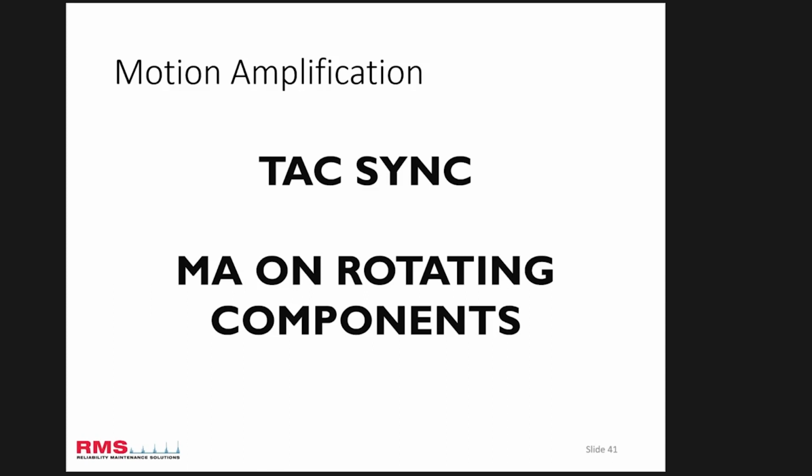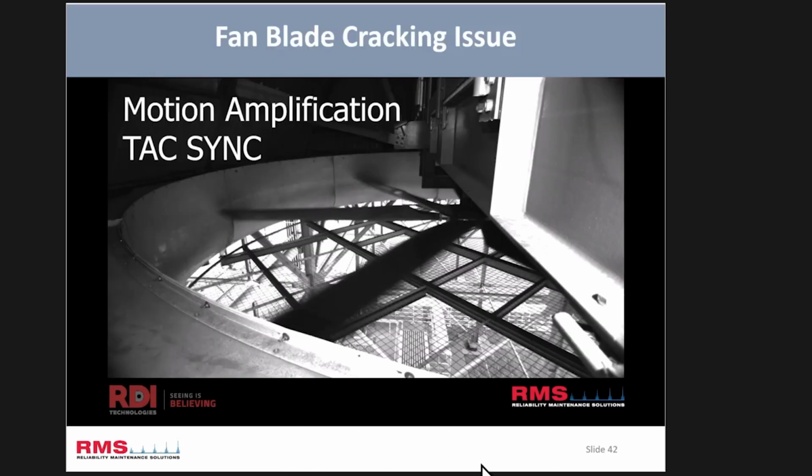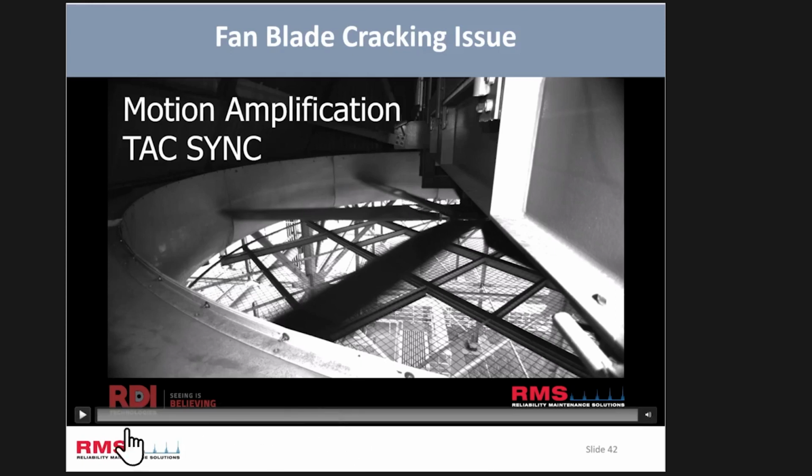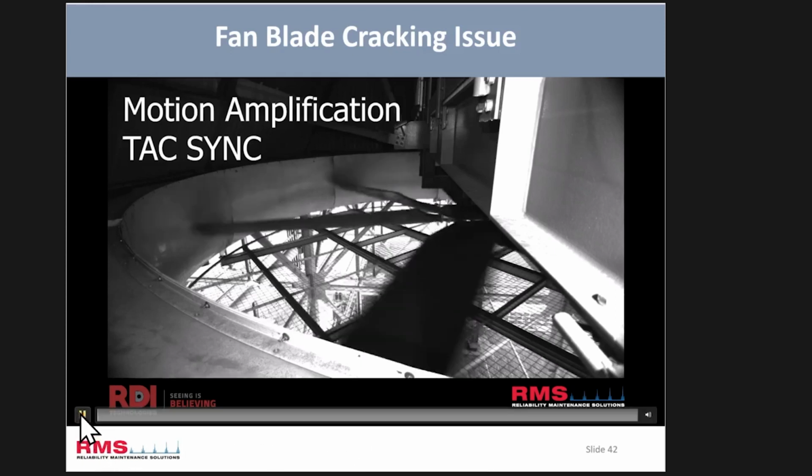Tack sync. Right, I touched on this a bit earlier, and this is quite interesting. So this is the difference. We're referencing something that's rotating and using a tack or a reflective tape to sync to the speed of the rotating component and freeze it so we can see the actual motion. This is a fan blade cracking issue we had in cooling fans. And again, this was Stuart's job, and we used tack sync to find out what exactly was going on.